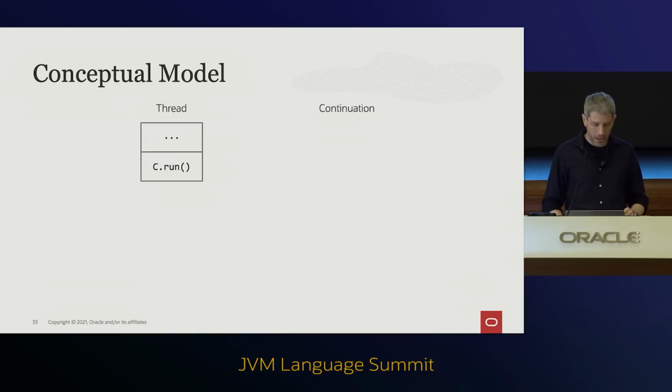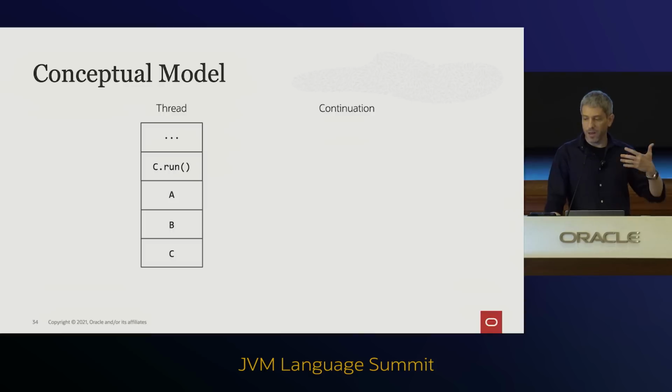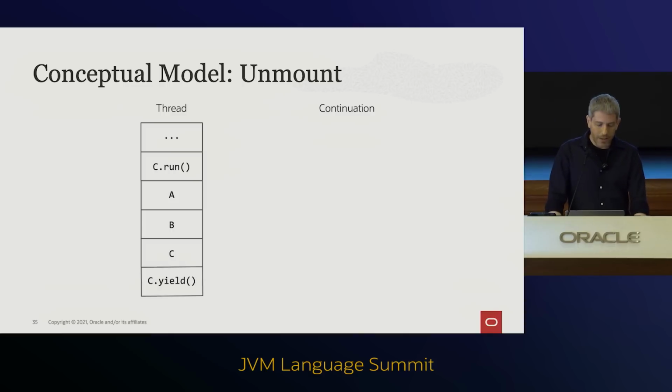So we have some code running, and then at some point, we start a continuation. So we call continuation run. And then inside the continuation's body, we call method A, that calls method B, that calls method C, and then C calls continuation yield. And at that point, we need to make run return. So we essentially pop all the frames inside the continuation, A, B, C, and yield, to make run return, but we need to be able to continue them later, so we need to put them aside somewhere.